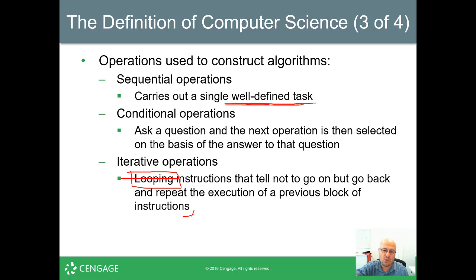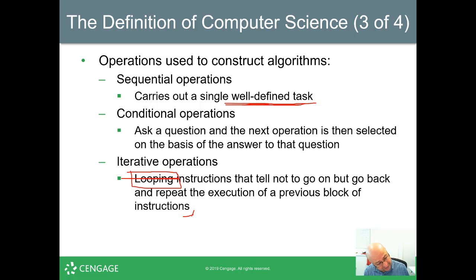In this case, while you are pouring the water, keep on stirring the dough. Once you're not pouring the water anymore, then you can stop stirring and do something else. I don't know, put it in the oven. I never baked a cake in my life, so it was a terrible example to start with.